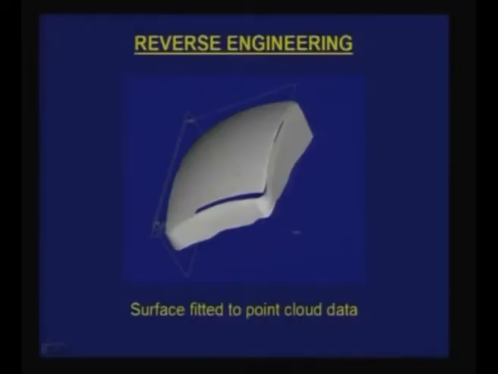Here is another example. This is an example of a surface which looks more like a mouse. When the point cloud data has been taken in pieces and the surface is built, you see that there are gaps, because there were not many points taken, so the surface could not be complete.